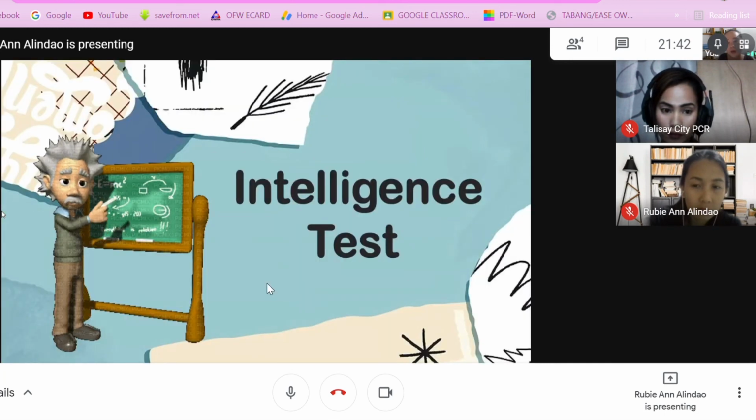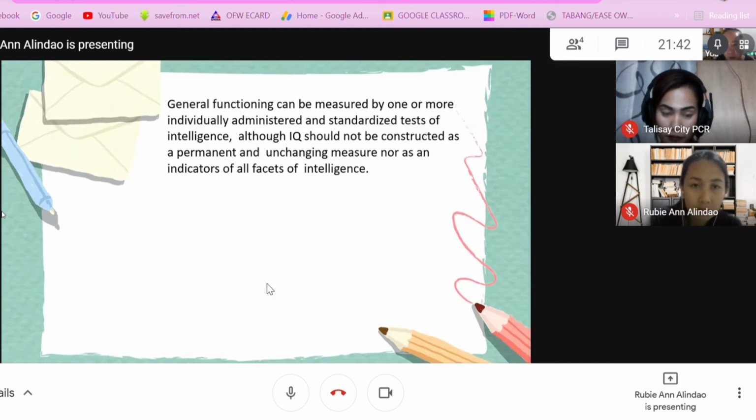Let's go to the intelligence test. General functioning can be measured by one or more individually administered and standardized tests of intelligence, although IQ should not be construed as a permanent and unchanging measure, nor as an indicator of all facets of intelligence.